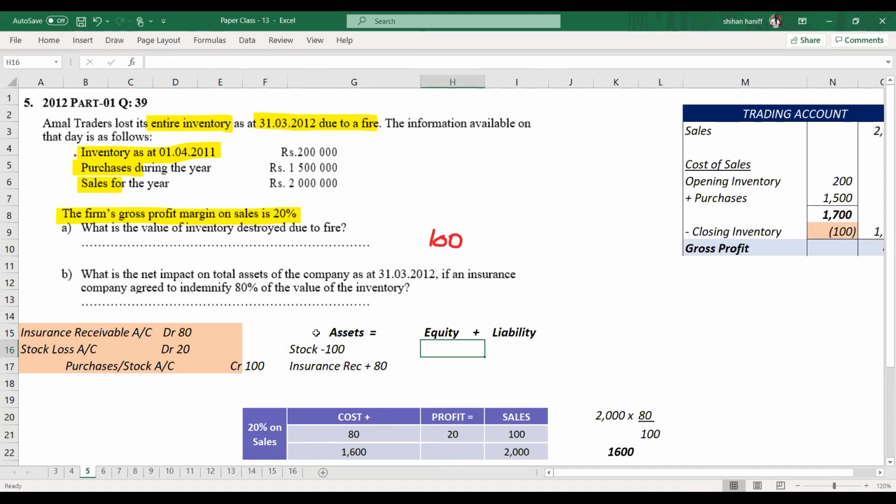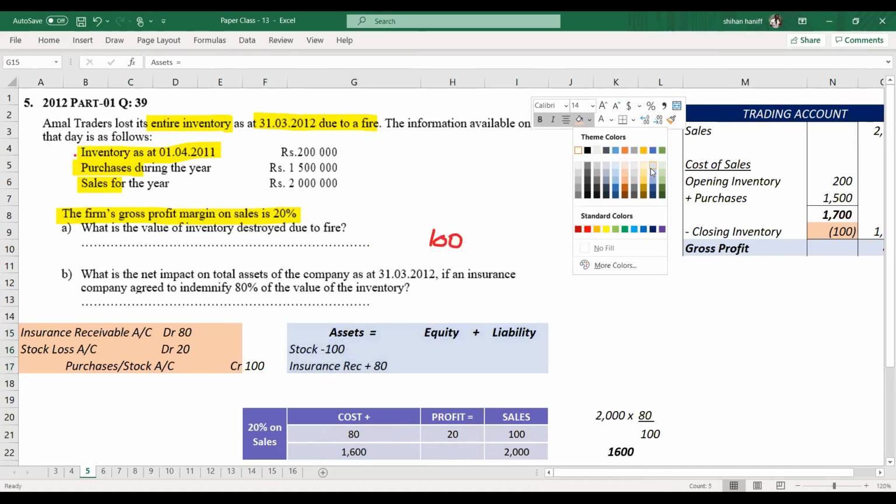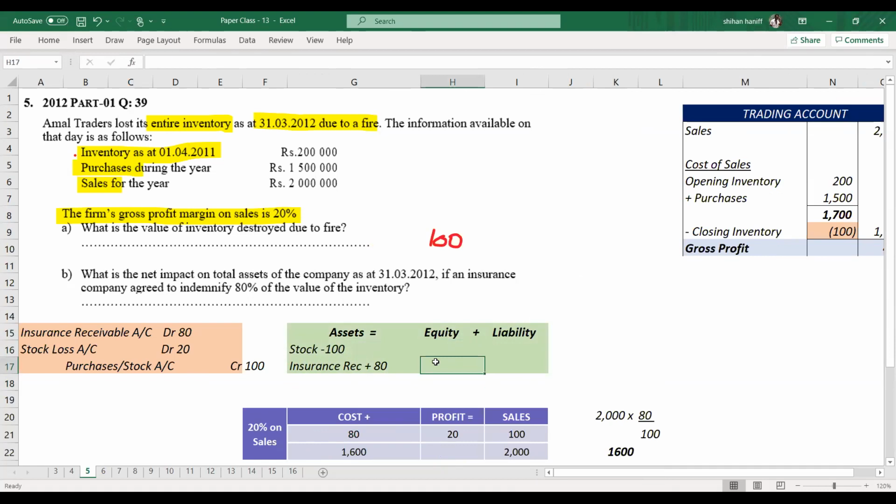Therefore, the equity loss is 20,000. So this is the entry for this stock loss.